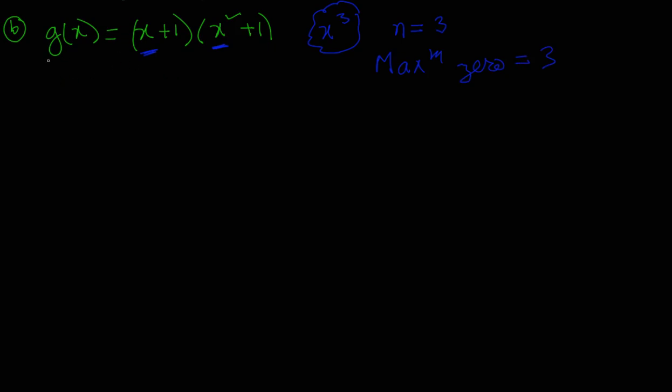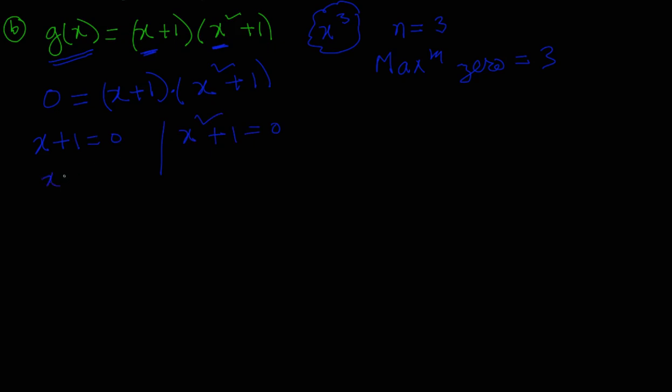Now let us see how many we got here. We know that to find a real zero, I need to equate g(x) to 0. So 0 = (x + 1)(x² + 1). Now I have two mathematical expressions in product form, and the product equals 0. So I can write x + 1 = 0 and/or x² + 1 = 0.